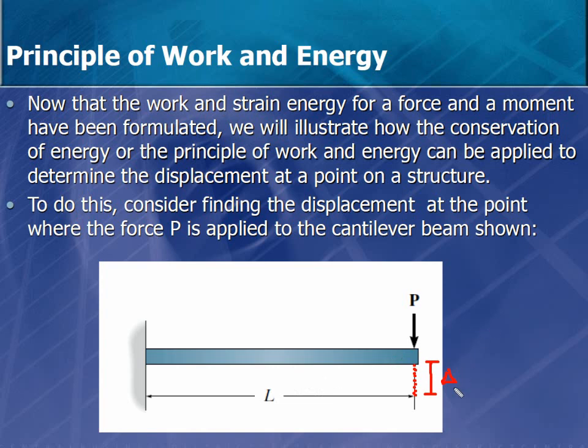Now let's assume that I'm going to find deflection under the load here, which we call delta. Now the external work that I have here is known because it's equal to half of the load times delta. Now delta is going to come from the internal, because this load is going to create internal forces.